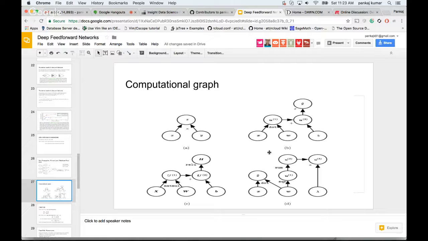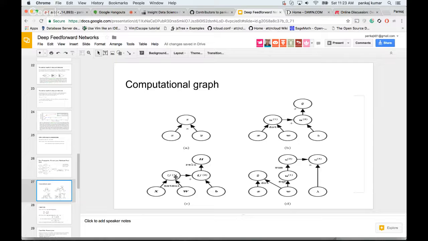And b is actually a linear unit: x multiplied by w as a dot product, giving u1, then you add b to get u2, and then a sigmoid gives y bar. So that is a sigmoid hidden unit.